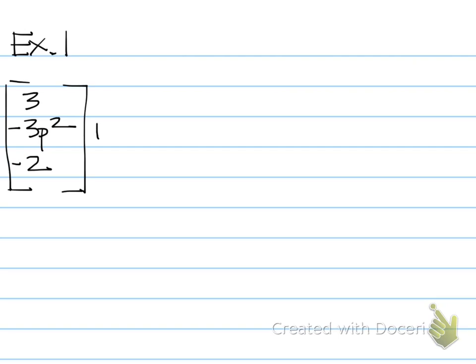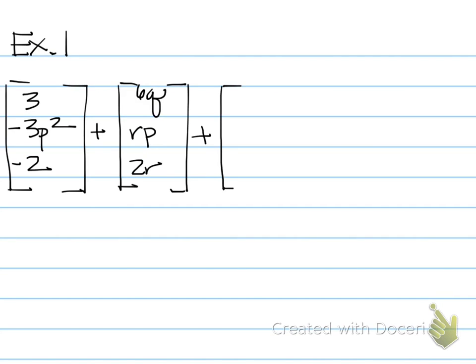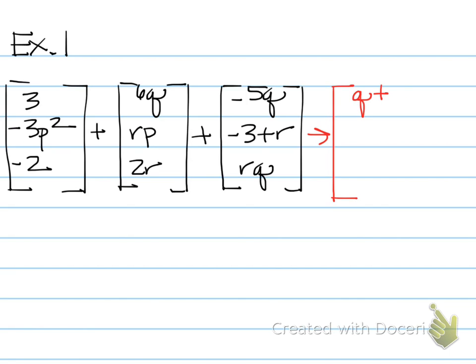All right, so for the first example, we've got this. The first matrix is a 3 by 1 matrix, plus another 3 by 1 matrix, plus another 3 by 1 matrix. So we're going to add the top element from each one of the matrices. When we add the top element from each matrix, we'll be left with Q plus 3.